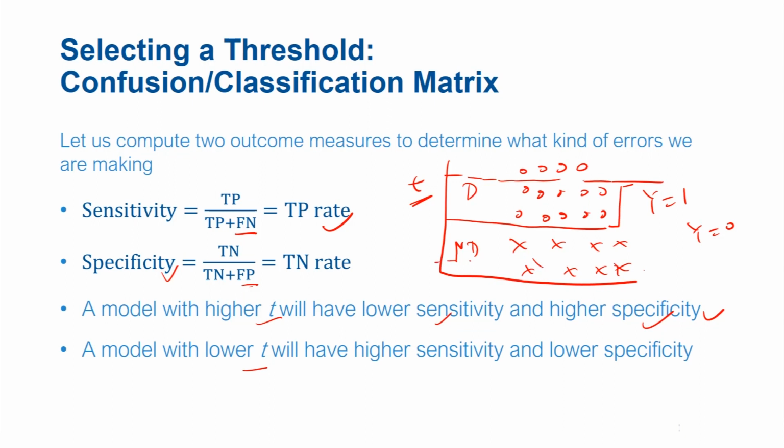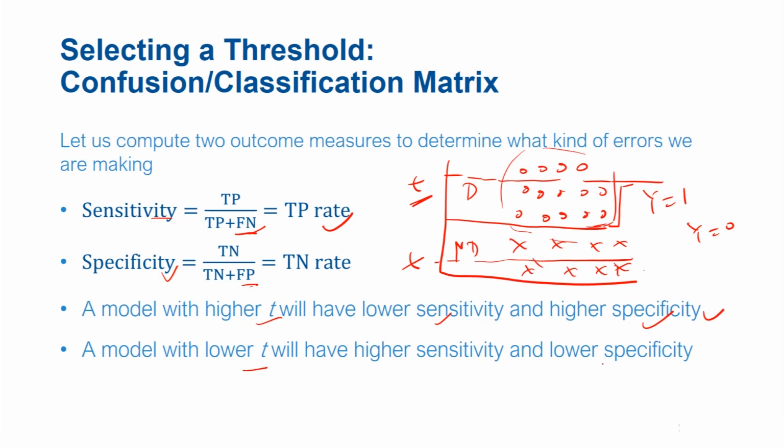That means if you pick a very low value of tau or t thresholding, we are interchangeably referring to t or tau, then most of the defaulters, in fact chances are all of the defaulters, you will classify correctly as defaulters. So your false negatives will be very few and your sensitivity will be high.